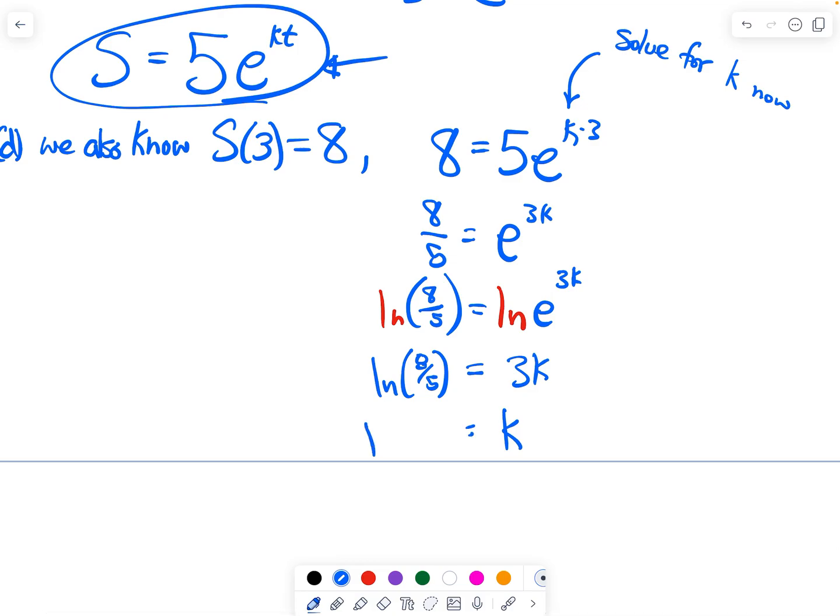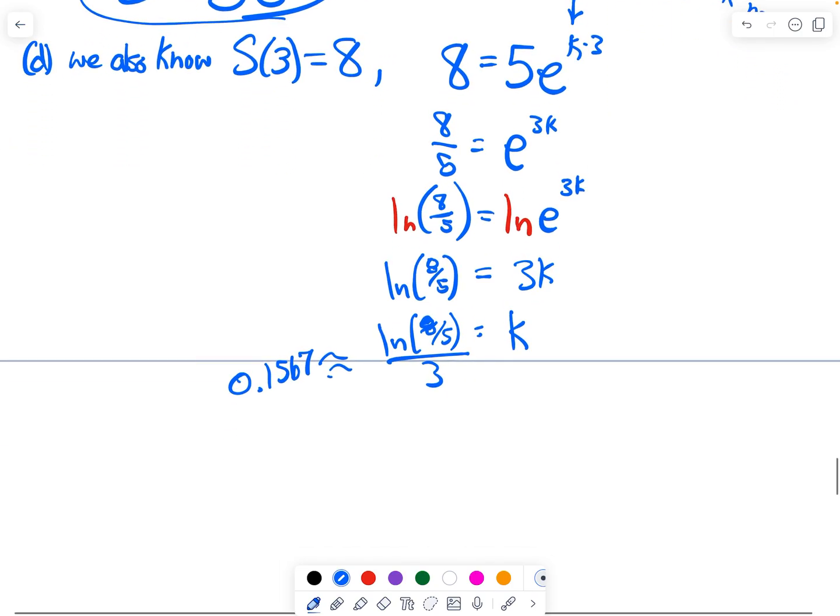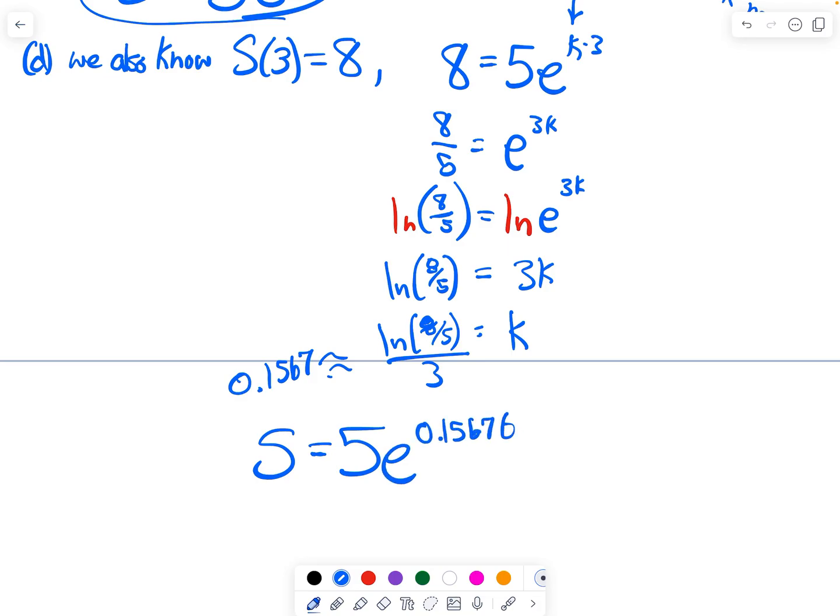K becomes the natural log of 8/5 all over 3. You need a calculator for that. That is about 0.1567. With that information, we can now write the very specific equation. S, the size of that tumor, is 5e to the 0.1567t. Done.